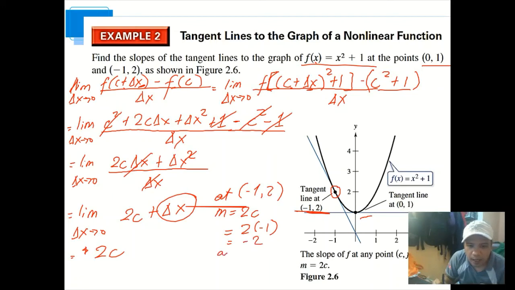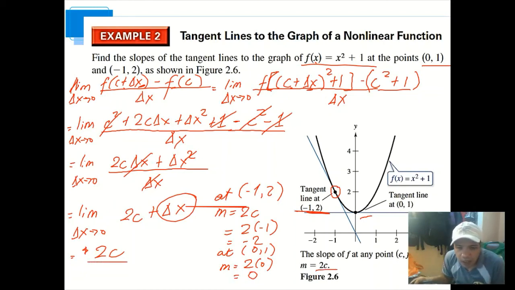So, at 0, 1. So, m is equals to 2 times 0. So, m is equals to 0. Ayan. So, the slope of f at any point, f of c, is m is equals to 2c, which is ito nga. So, kapag in-apply natin, based sa points na given, at negative 1, 2, ang slope natin is negative 2. At tangent line at 0, 1, ang slope natin is 0.